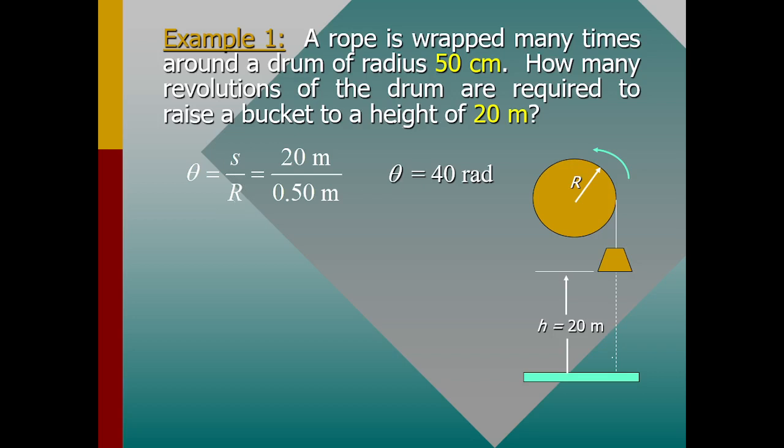Now from this question, what we have been asked is to find the number of revolutions. So when you use this formula, you need to look for the relationship we had, which is 1 revolution is equal to 2 pi rad. 1 revolution is equal to 2 pi rad. We have theta, which is 40 rad.